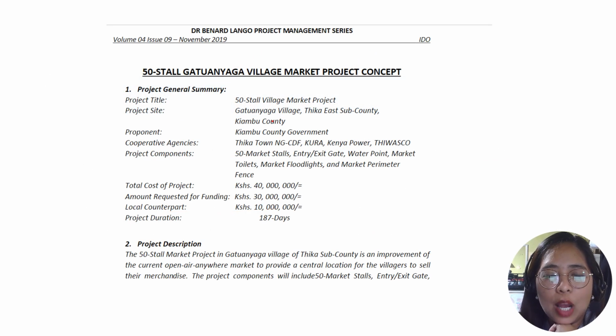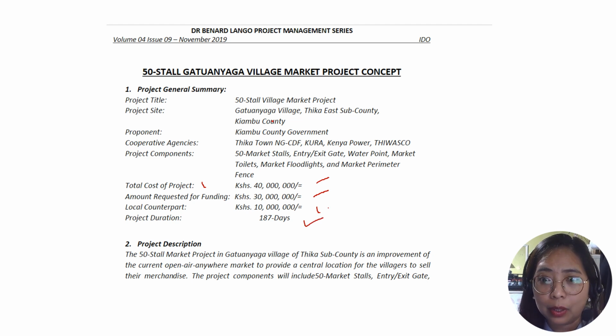Now, this is an example of project needs and cost. As you can see, it contains some specifications. For example, we have here the total cost of the project, which is 40 million pesos, amount requested for funding, 30 million pesos, local counterpart, 10 million pesos, and project duration, 187 days.